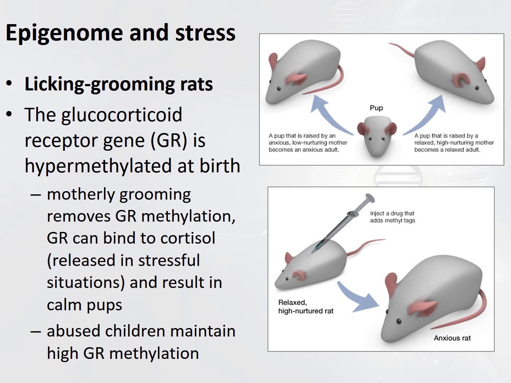So usually during evolution, those individuals that were more anxious had higher chances of survival and passing on their genes. However, we are living in a situation where this competition for resources is absent.